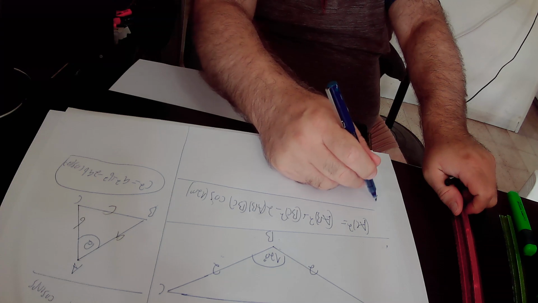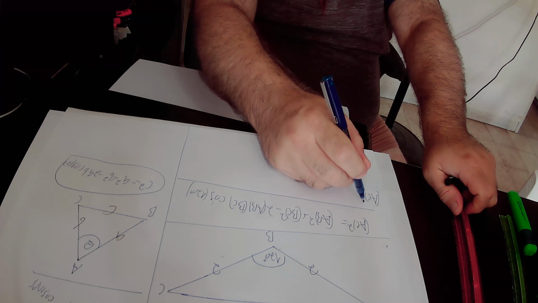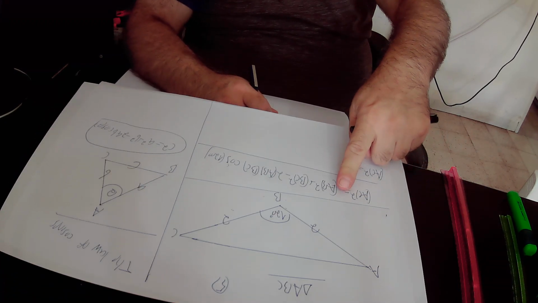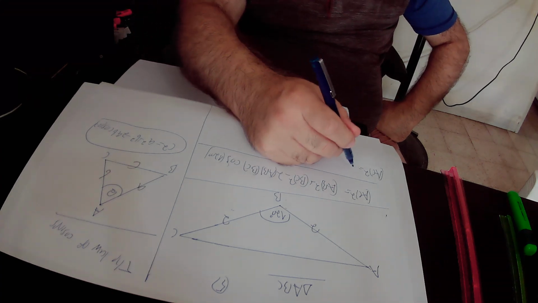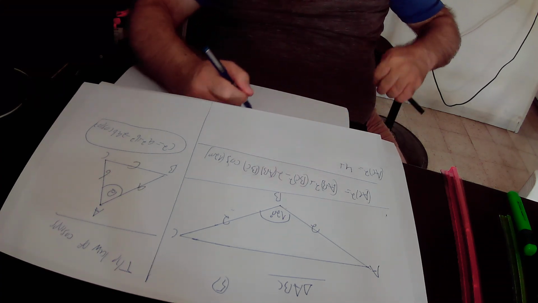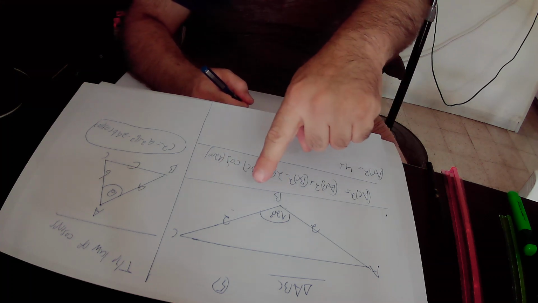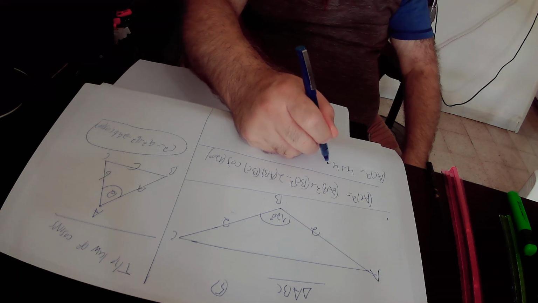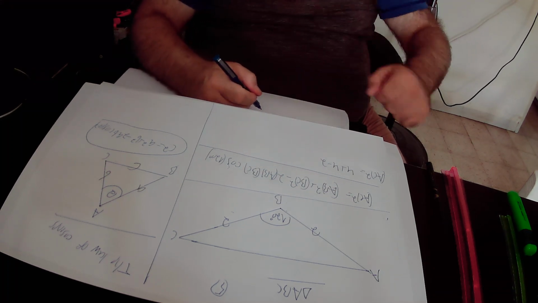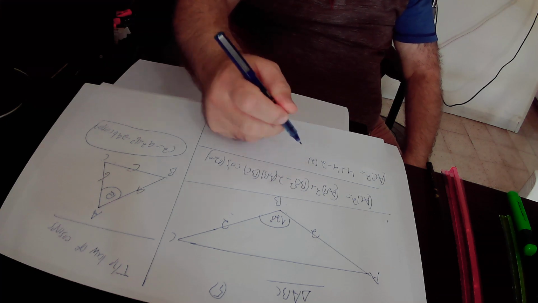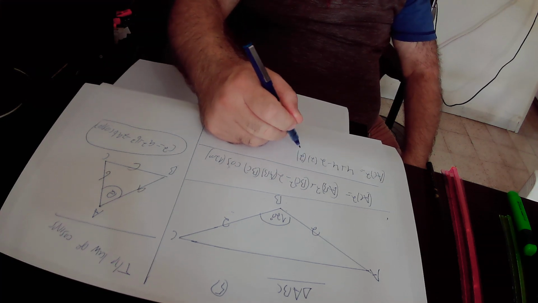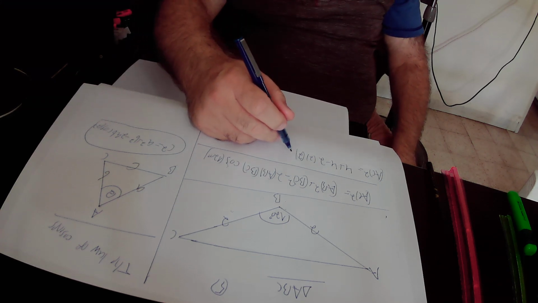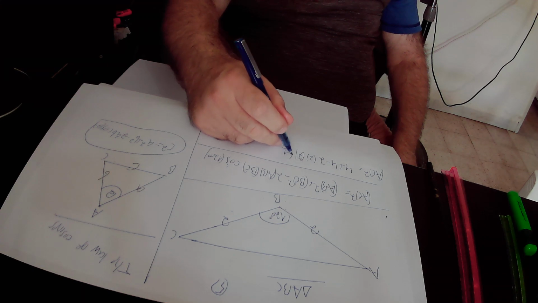So AC squared equals AB squared. Here AB equals 2 units, therefore AB squared is 2 squared is 4, plus BC squared. BC equals 2 units, therefore BC squared is 2 squared is also 4, minus 2 times AB is 2, BC is also 2, and cosine 120 degrees is minus 1/2.